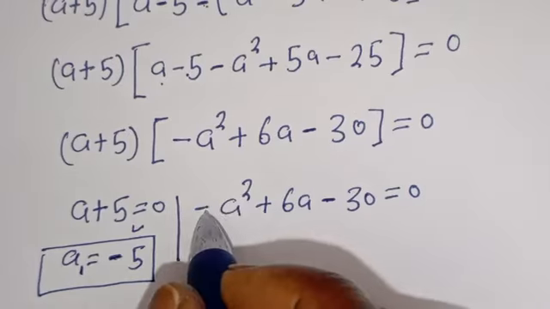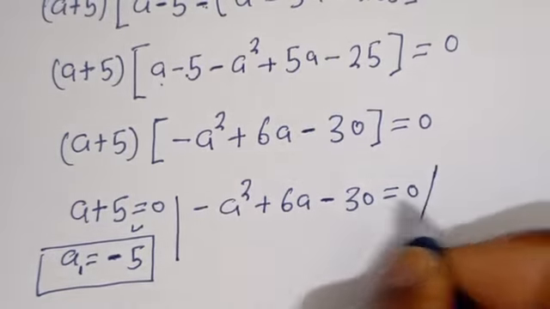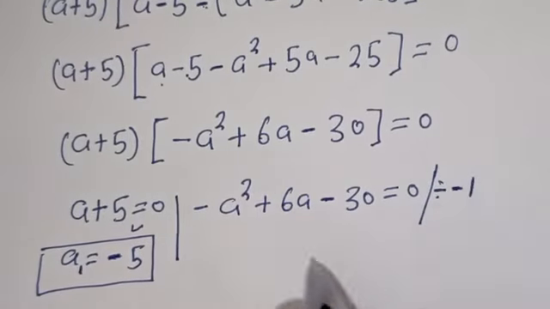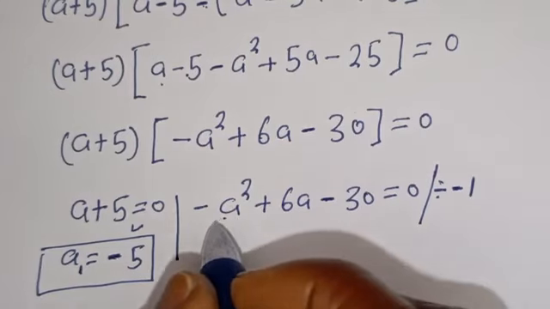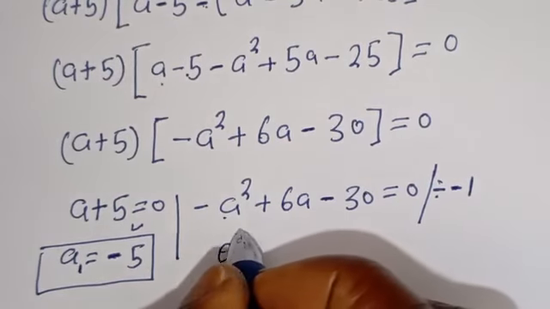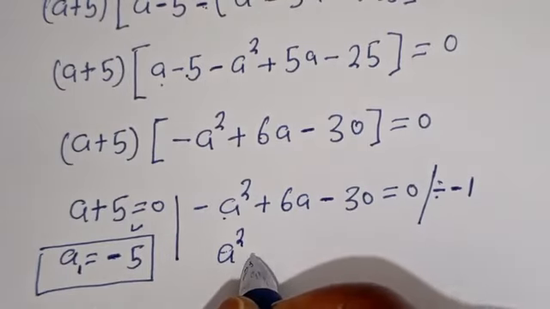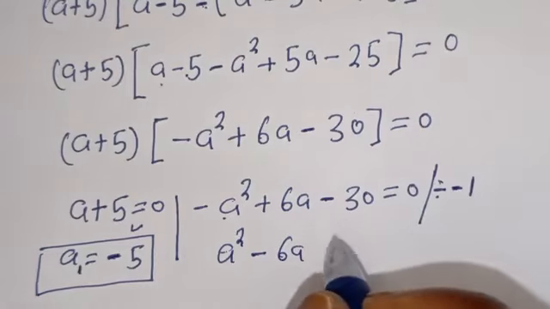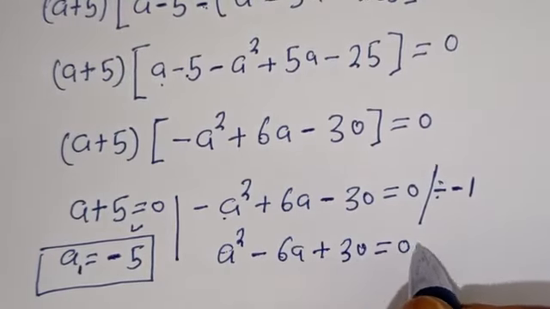And from here, we have minus a squared plus 6a minus 30 is equal to 0. We can divide all through by minus 1. Then minus a squared divided by minus 1 gives a squared, plus 6a divided by minus 1 gives minus 6a, and minus 30 divided by minus 1 will be plus 30 is equal to 0.